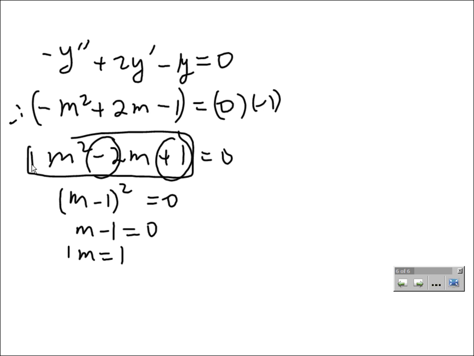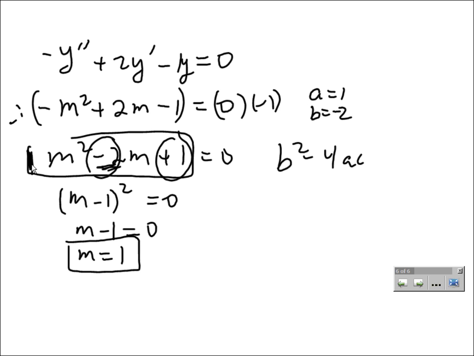But here we only have one solution. This is case 2. This is where the discriminant is 0. Just to convince you of that, in our case a is 1, b is what m is being multiplied by, which is -2, and c is just 1.